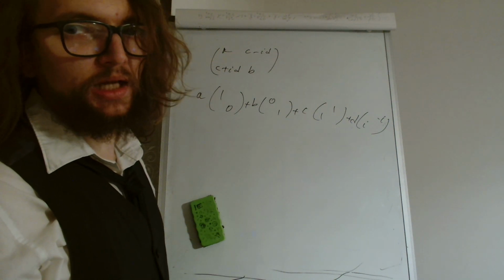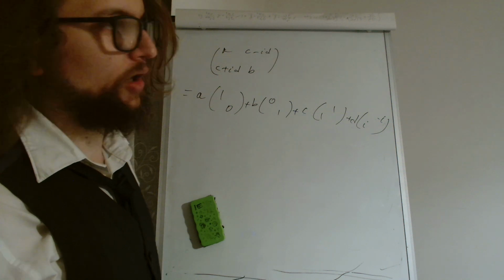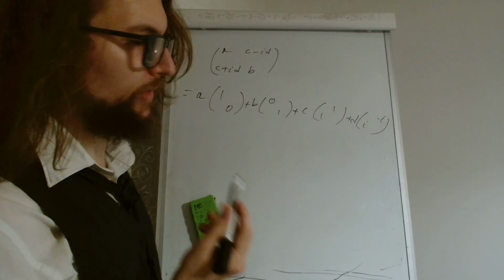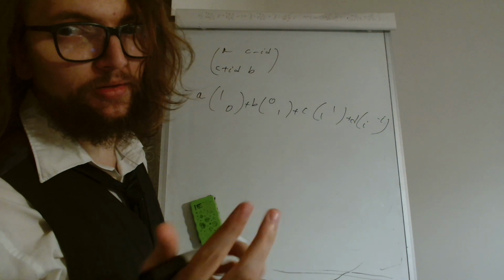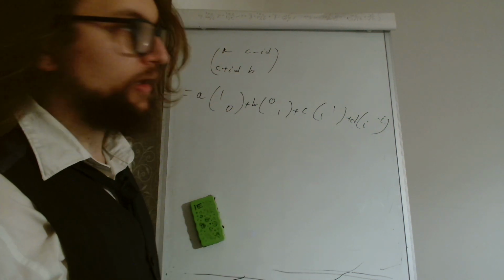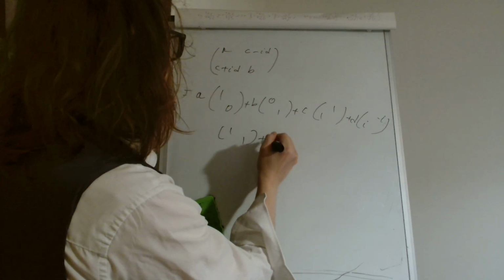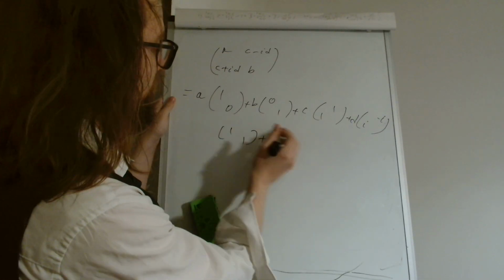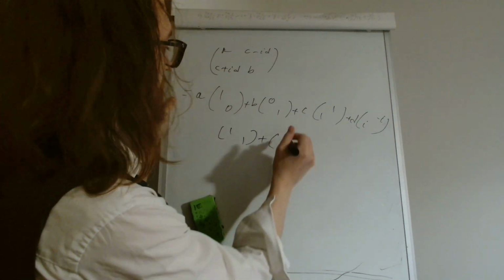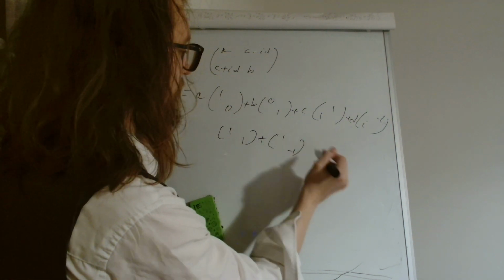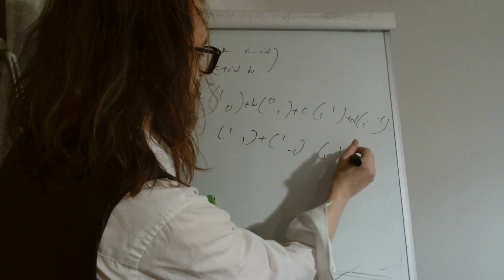So we want to get rid of the identity matrix and only study the algebra of the other three basis matrices. So we write the identity matrix, and instead of these two matrices we have 1, minus 1, and then we have the usual as before.